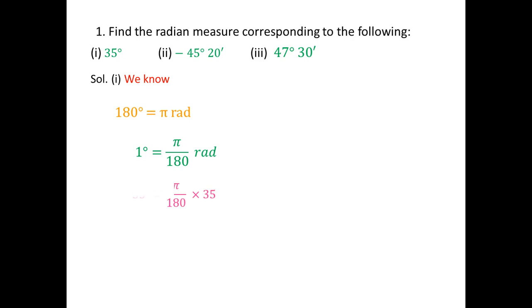And 35 degree is equal to pi by 180 into 35. After simplifying, we get 7 pi by 36 radians. Very simple.